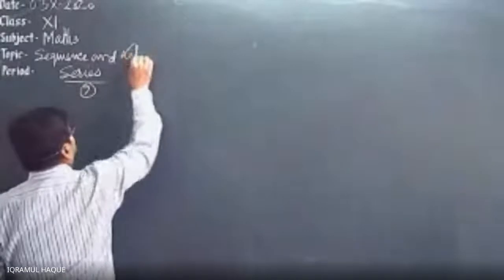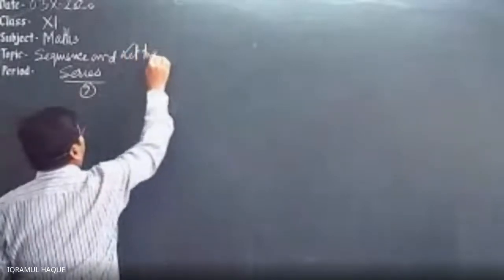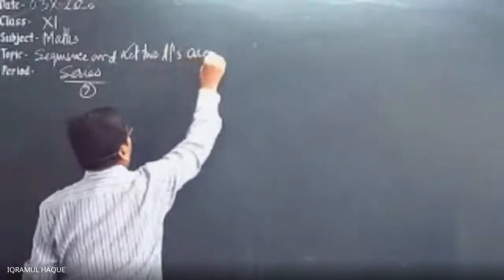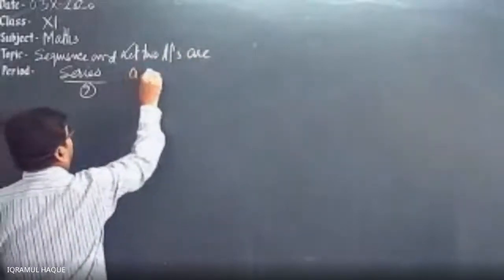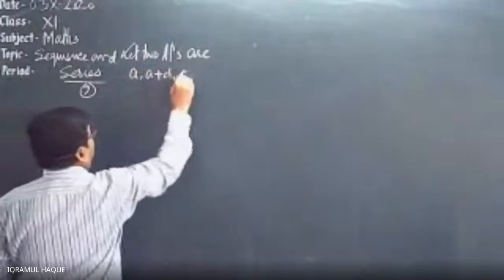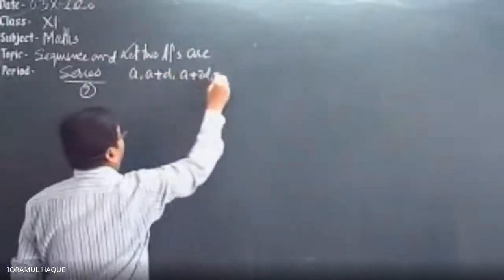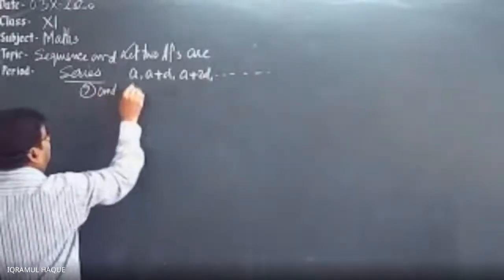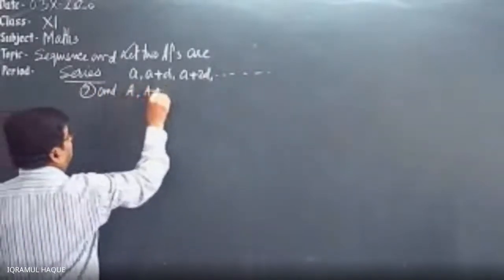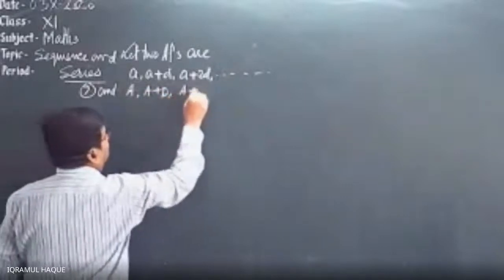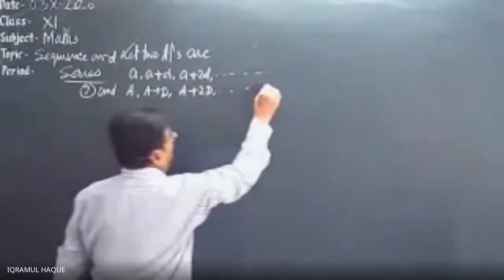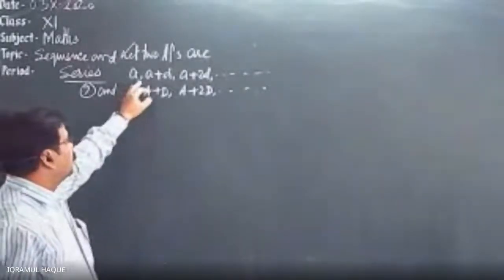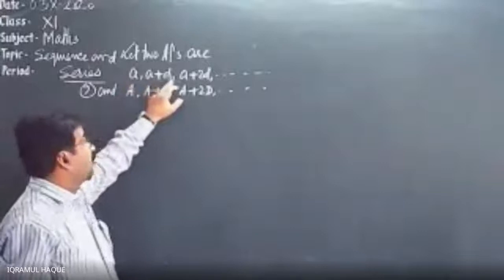Let two APs be a, a plus d, a plus 2d, and so on, and A, A plus D, A plus 2D, and so on. We have assumed two APs in which the first term is small a and the common difference is small d.